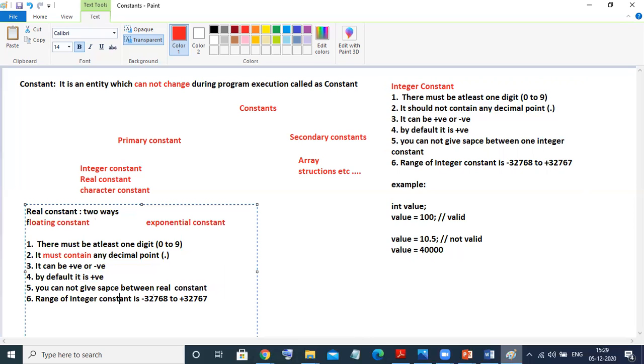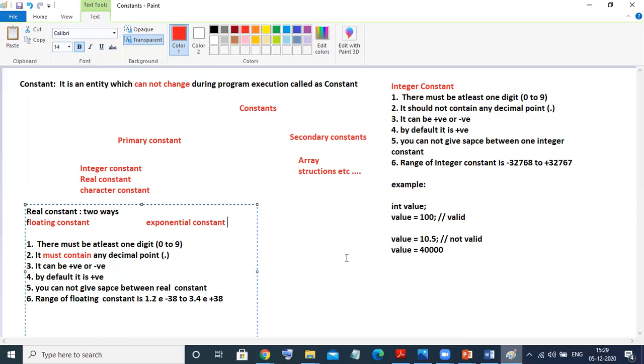And finally, the range of this real constant, or you can also say float constant, I think it's 1.2 e to the power minus 38 to 3.4 e to the power plus 38. The range is the same for a floating constant as well as an exponential constant. Exponential constant is also same like your floating constant only.